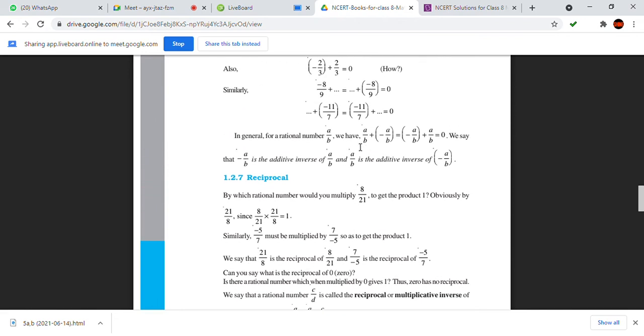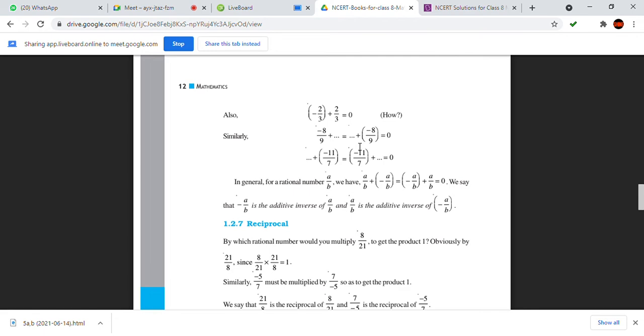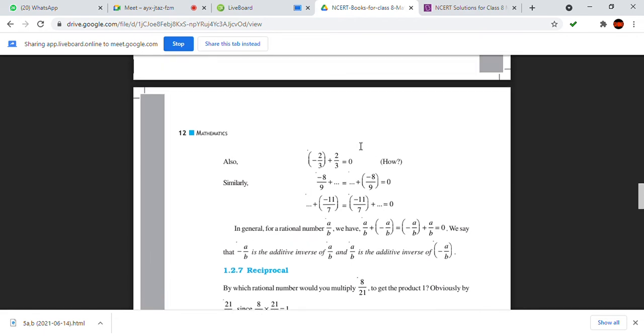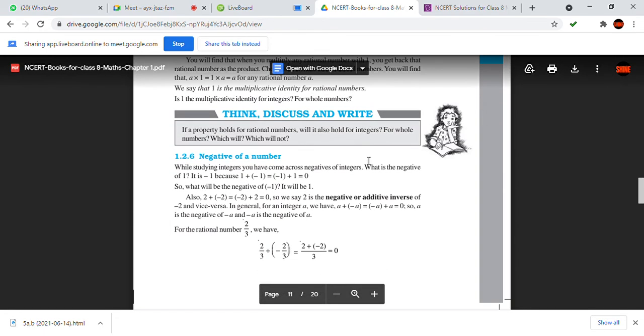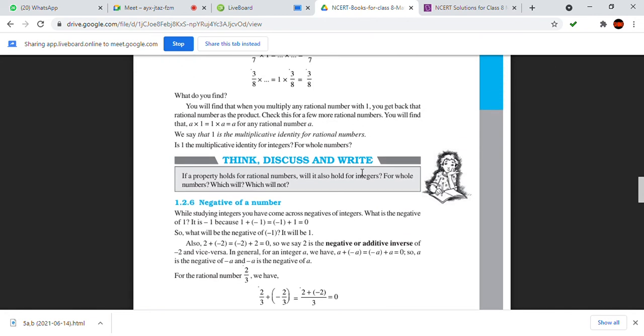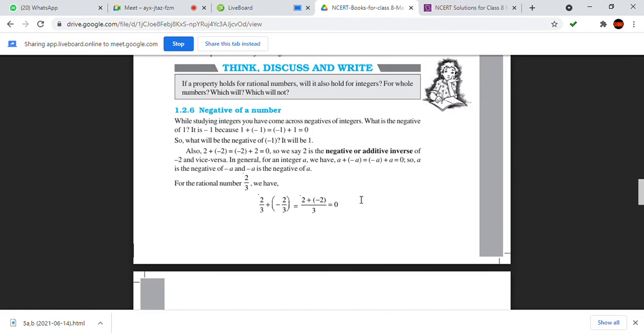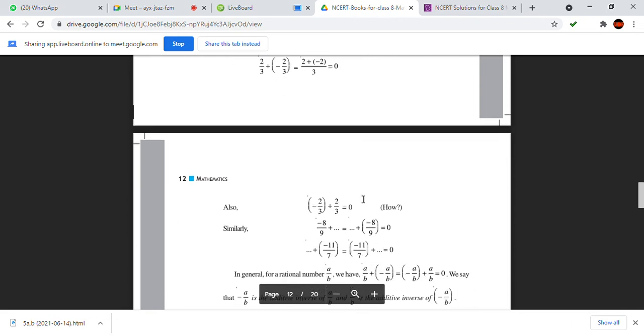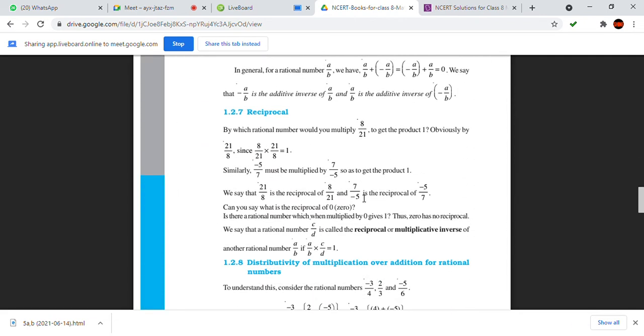Then in case of additive inverse, how do you start the sentence? Negative of a number is known as additive inverse. Okay. So the same way here we can write reciprocal of a number.